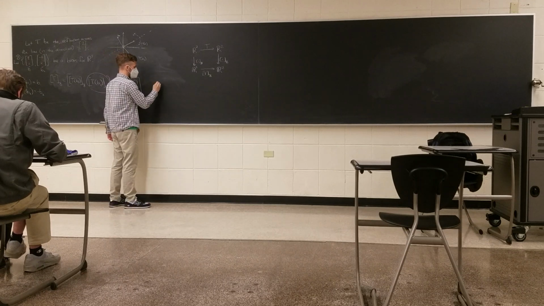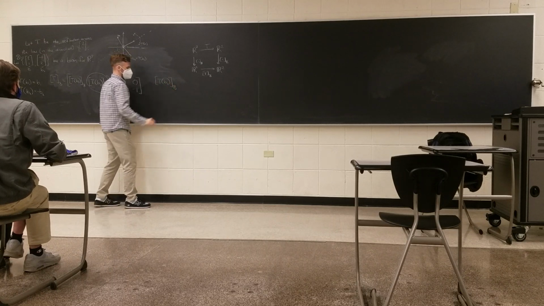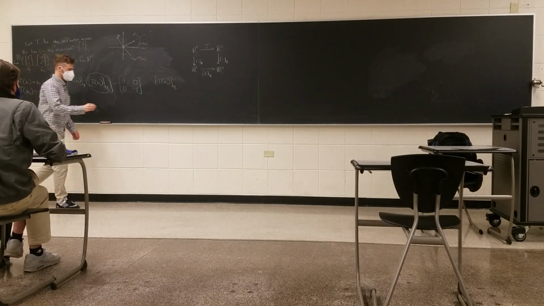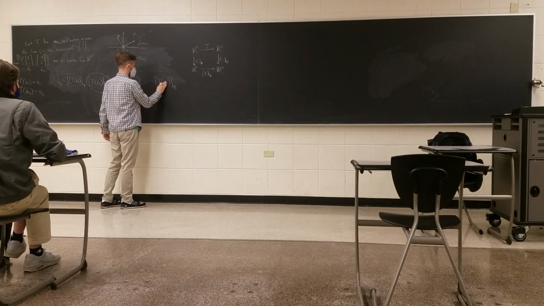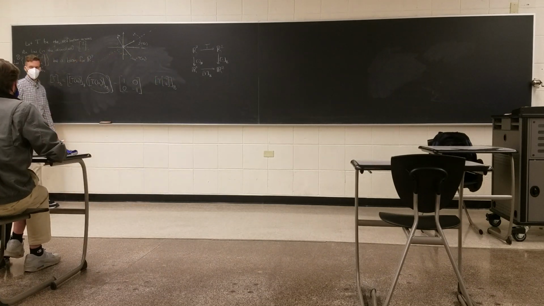So we want to know T of B2 with respect to the basis B. Let's write the same thing that you're writing, which was negative 1, 2. So this is what you're looking for, right?